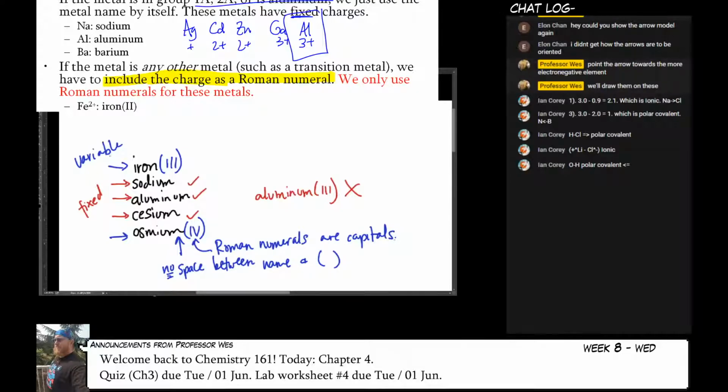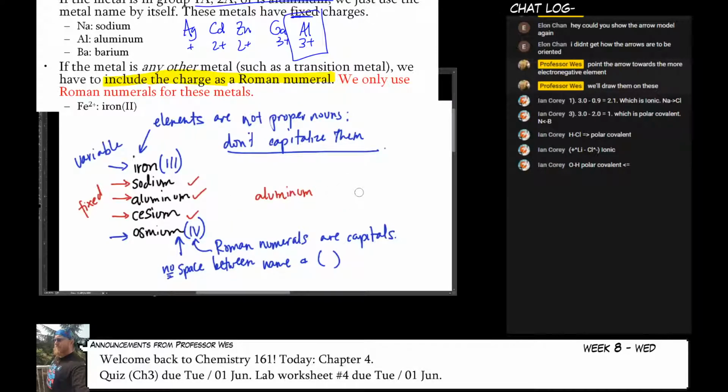The other thing to note is that elements are not proper nouns. So you don't capitalize them. Why do I make a big deal out of that? Because Canvas will accept this as correct. It will mark this wrong.